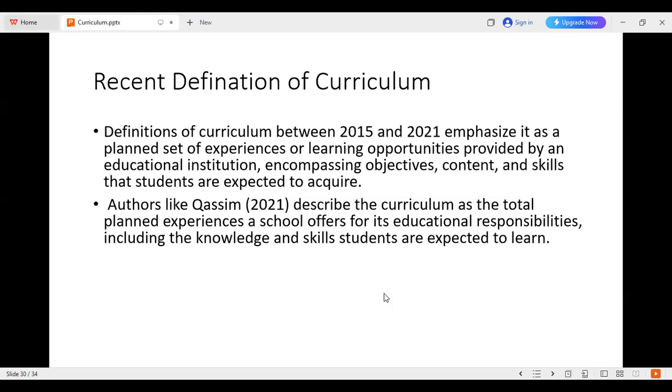Definitions of curriculum between 2015 and 2021 emphasize it as a planned set of experiences. Simply they say a planned set of experiences. Learning is an experience or learning opportunities provided by an educational institution.